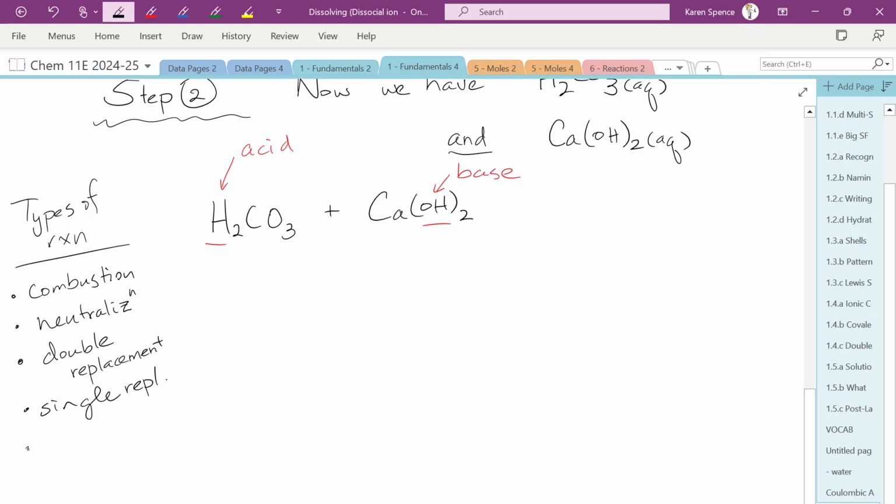Something with a D. Yep. Decomposition. The opposite of decomposition is synthesis. Yes. So those are our 6 types of reaction. What type do we have with our acid and our base? Neutralization. That is neutralization.